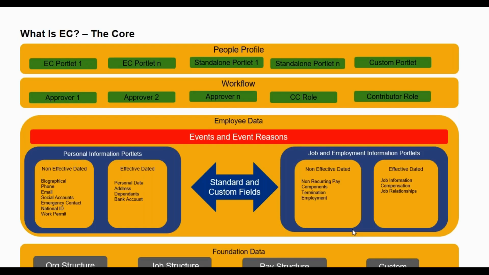But if your customer wants to have them in the system, we can get the requirement from the customer and create custom blocks or portlets similar to these ones. Again, it can be effective dated or non-effective dated. So we can also create some custom portlets. So that's what it says: custom portlets can also be created.